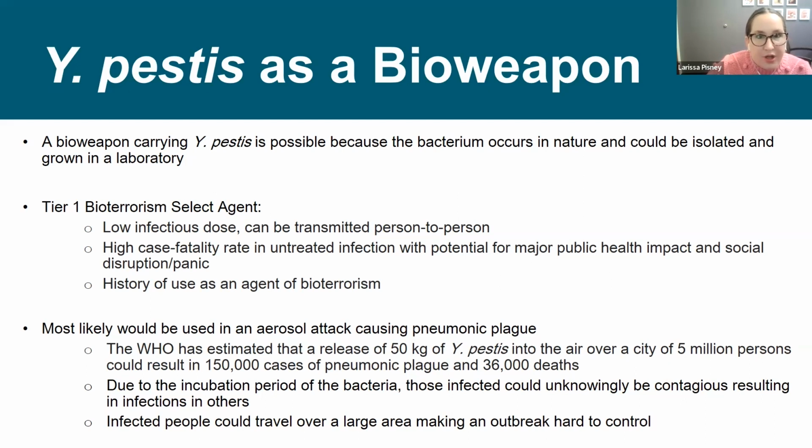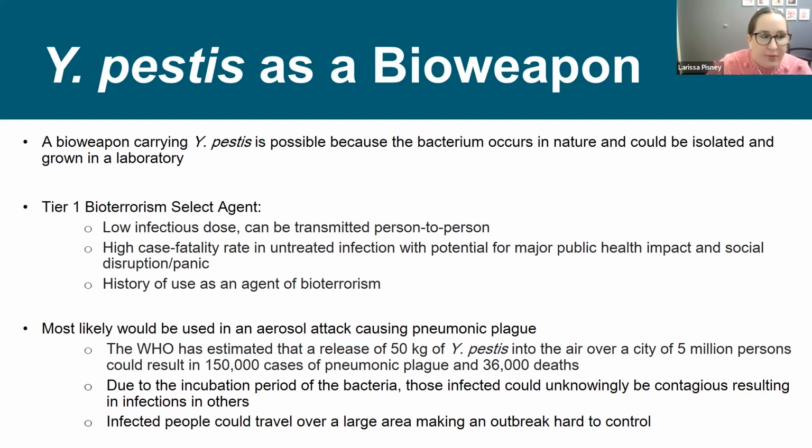The basic reproductive number, or R0, which is the average number of secondary cases per case, has been predicted to be 1.18 for pneumonic plague. However, it's really important to note that there's a high variability in the transmission potential from individual patients, and that patients are more likely to infect additional individuals the further their disease progresses.